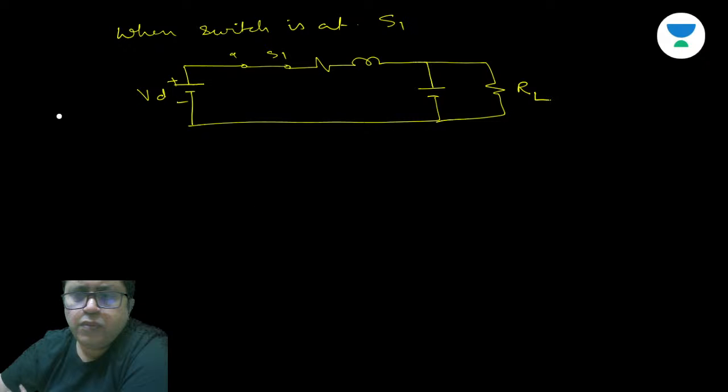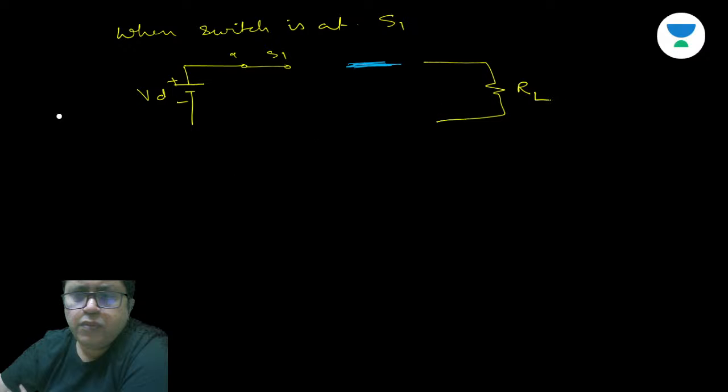The inductor will behave as a closed switch, or short circuit, in steady state. The capacitor will behave as an open circuit.